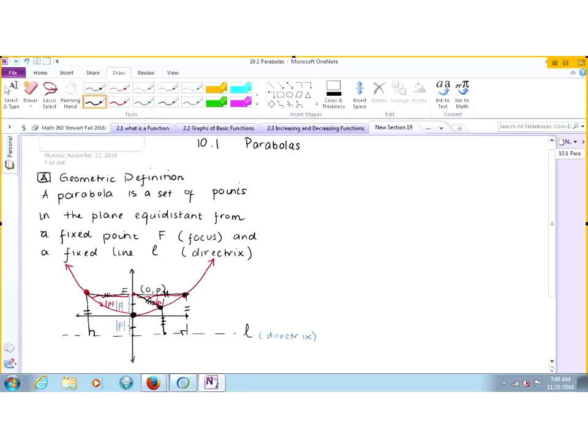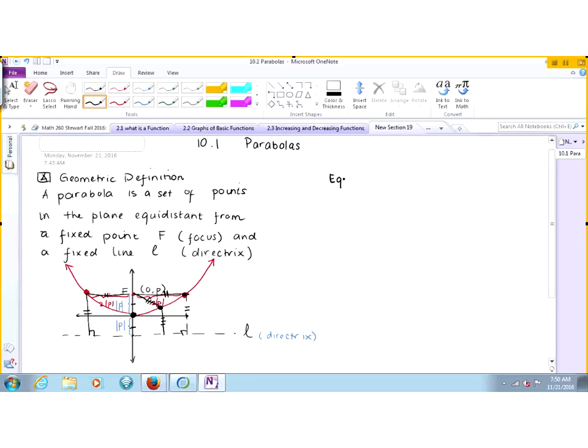Okay, so questions so far about the directrix, about the definition of parabola? All right. So anyway, what is the equation of a parabola with center 0, 0? We could actually derive it.